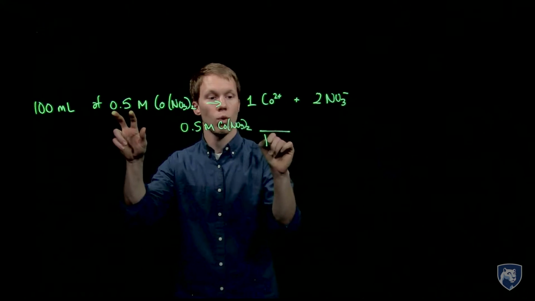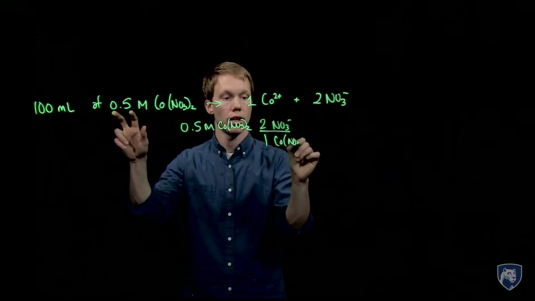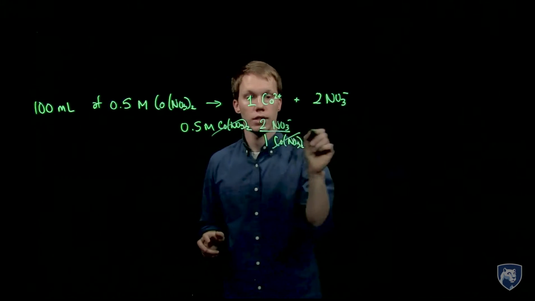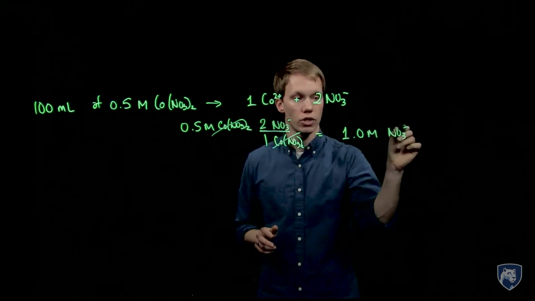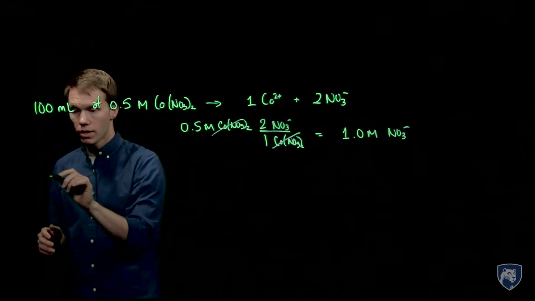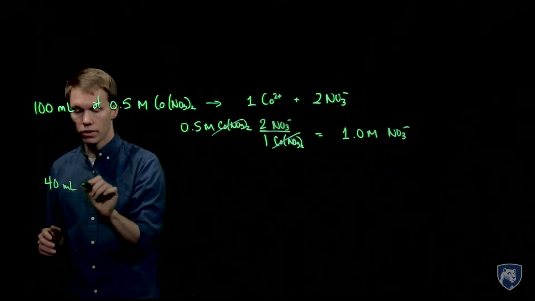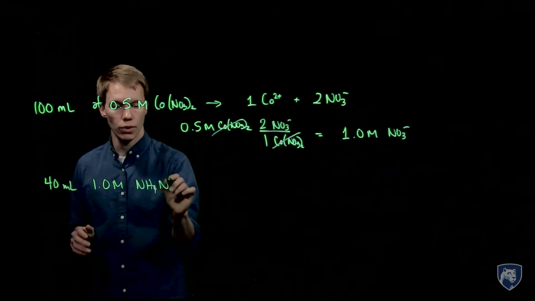And we have a 1:2 ratio here to give me a 1.0 molar nitrate concentration. Right? Then in the second option, B, 40 mL of 1.0 molar NH4NO3.